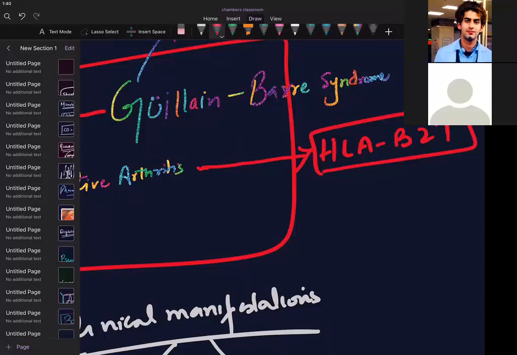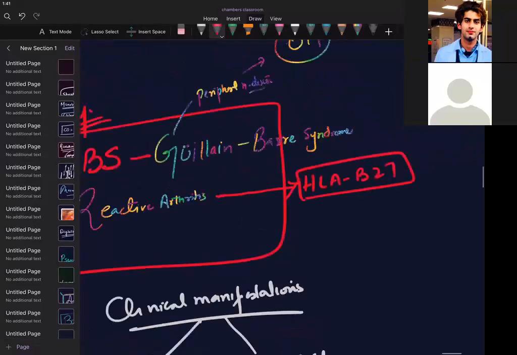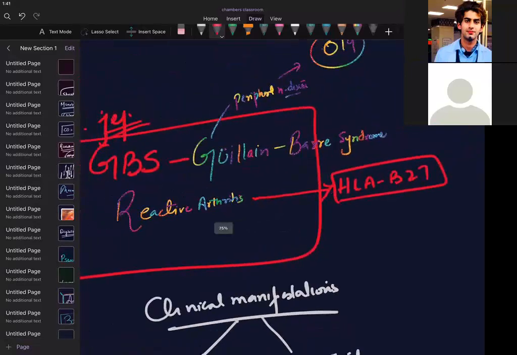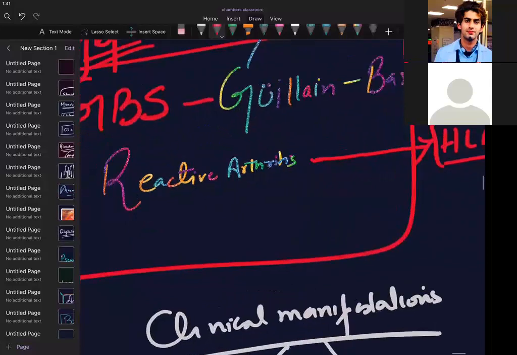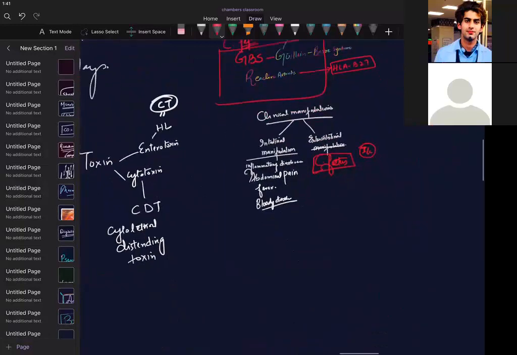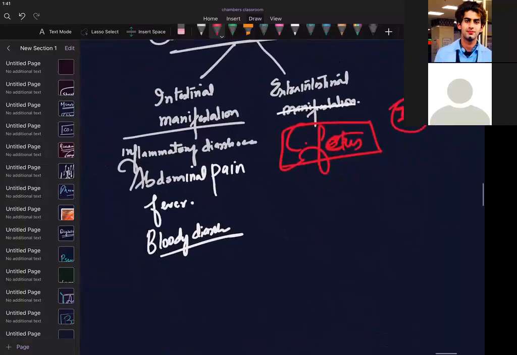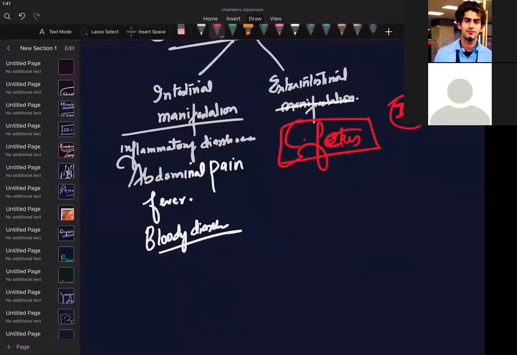So these are the rheumatologic manifestations, such as reactive arthritis. These are the things you have to remember.